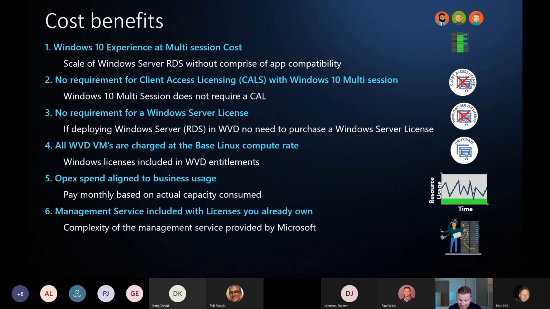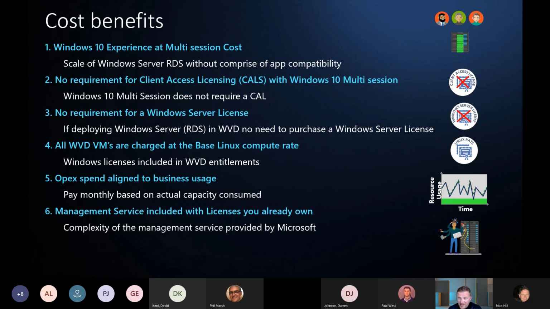Now, whilst you do require a CAL if you are deploying Windows Server, you don't need a Windows Server license inside of WVD. And that is because of the fourth point, which is that all WVD VMs are charged at the base compute rate or the Linux rate. Now, VMs inside of Azure have two costs, the Windows or the Linux rate. And the Linux rate is basically the cost of the VM minus the Windows license for the duration that it's being powered on.